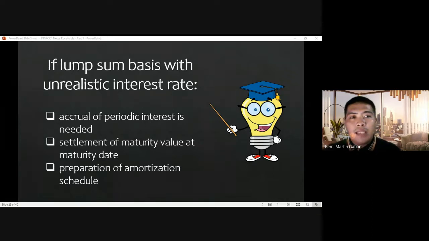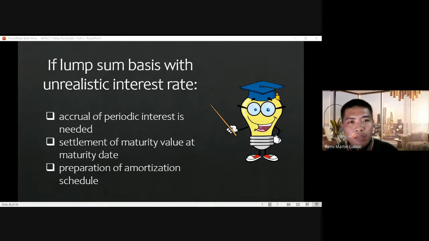For lump sum basis with unrealistic interest rate, in addition to accrual of periodic interest and settlement of maturity value at maturity date, another consideration is to prepare amortization schedule. Earlier, I emphasized that generally, long-term interest-bearing notes or receivables are not subject to discounting or to amortization.